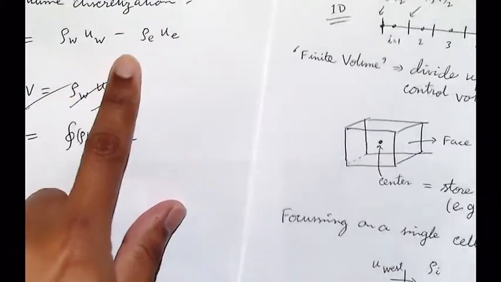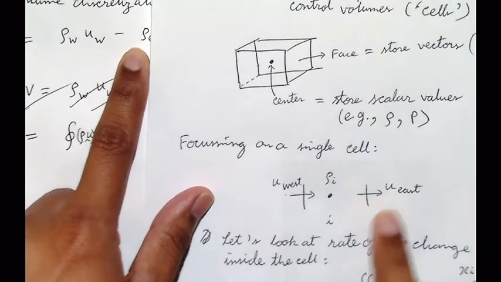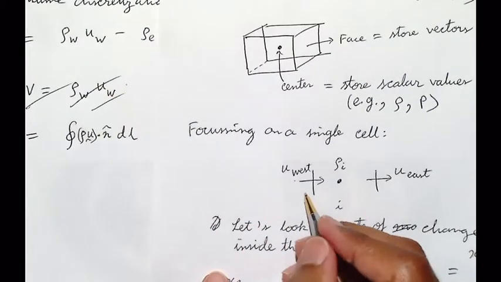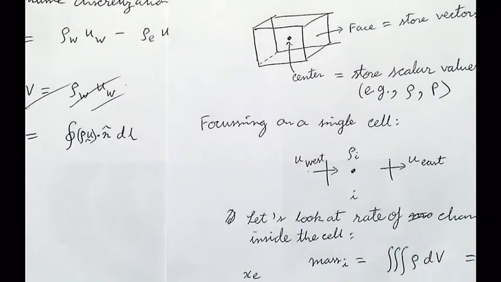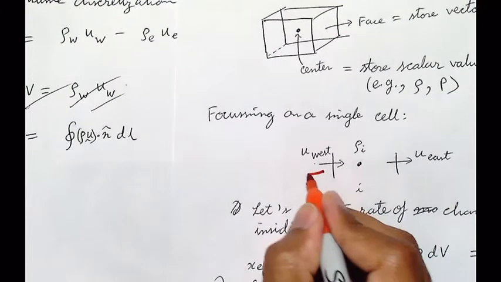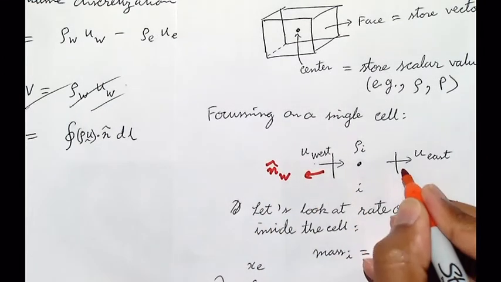It's relatively simple. So rho west u west minus rho east u east. And the normal west points this way. So normal always points outside, away from the cell.